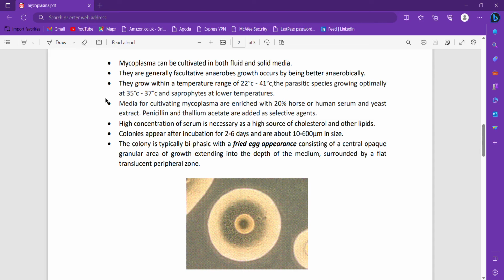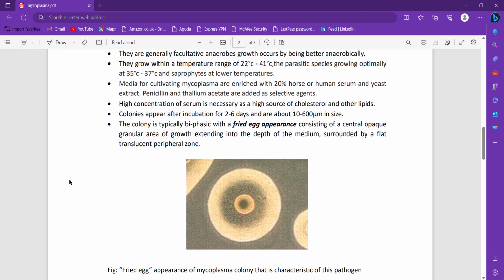Media for cultivating mycoplasma are enriched with 20% horse or human serum and yeast extract, and sometimes penicillin and thallium acetate are added as selective agents. A higher concentration of serum is necessary as a source of cholesterol and other lipids, and you can see the appearance of colonies after incubation for 2 to 6 days, about 10 to 600 micrometers in size.